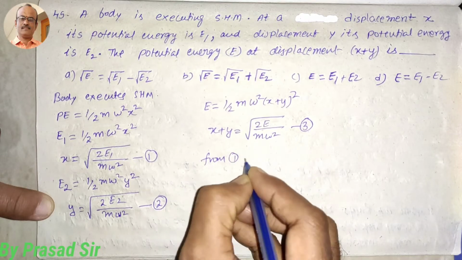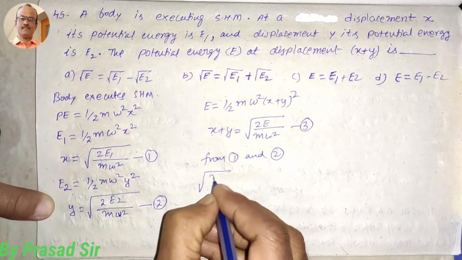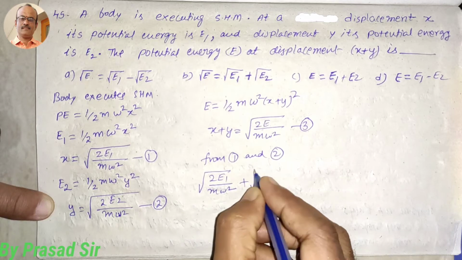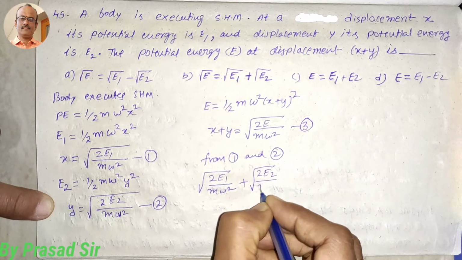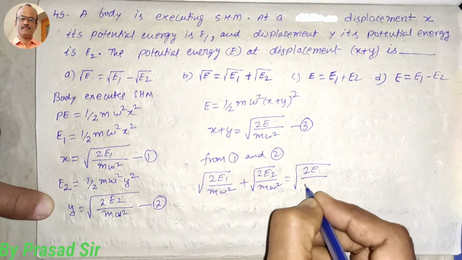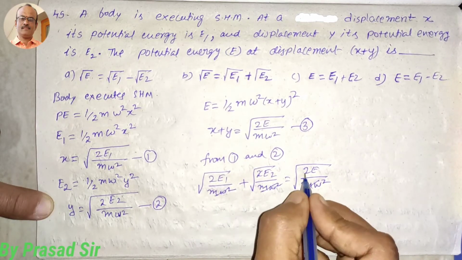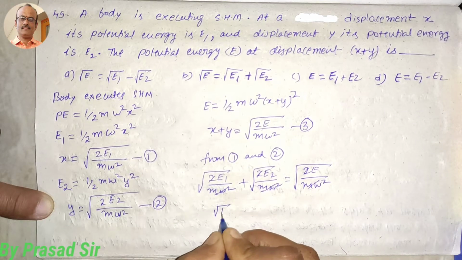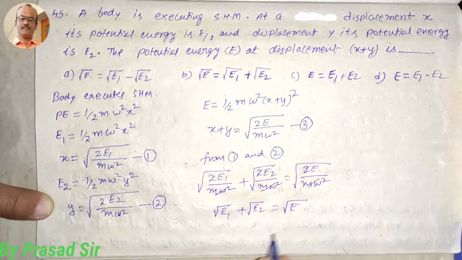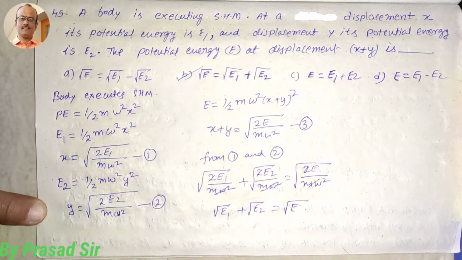So from 1 and 2, square root of 2E1 divided by m omega square plus square root of 2E2 divided by m omega square is equal to square root of 2E divided by m omega square. M omega square and 2 cancel. Remaining here, root E1 plus root E2 is equal to root E. So what is the option in this case? This is option B.